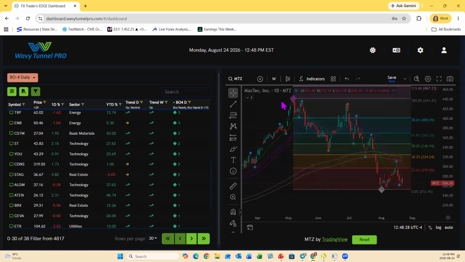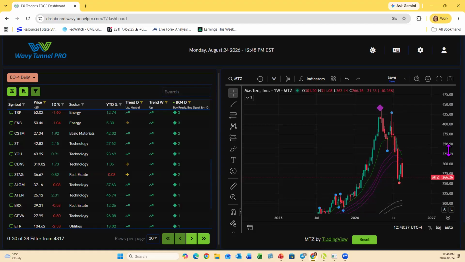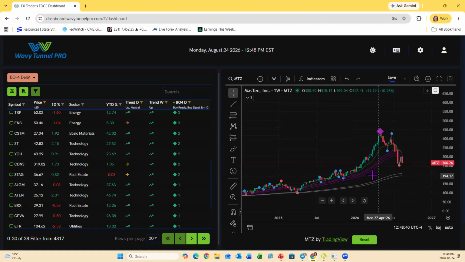Let's see why that's happening. Okay, so you see it. Yeah. So this is MTZ. And once we go below the wave on either the daily or the weekly, and on the daily we saw the wave crossing down below the tunnel, the next target could be the tunnel on the weekly chart. So that was the difference between those two charts.